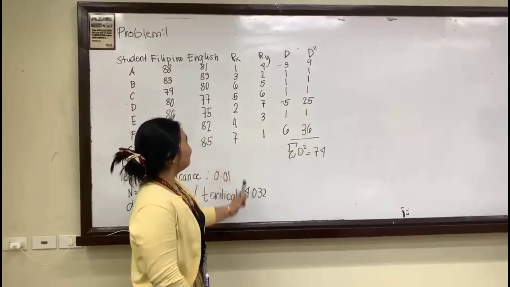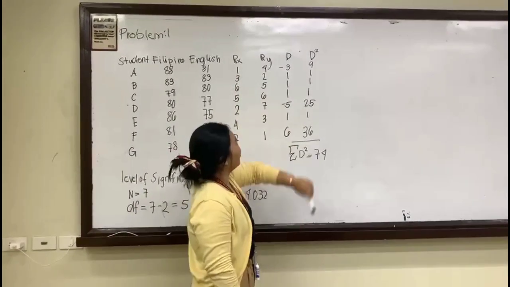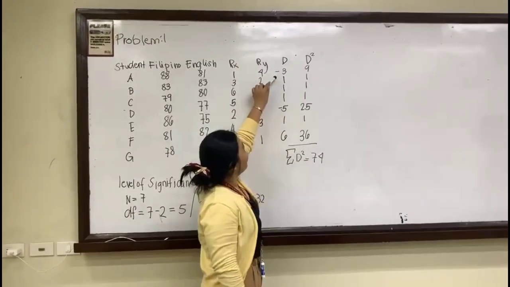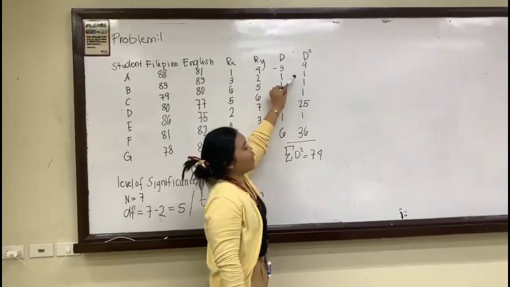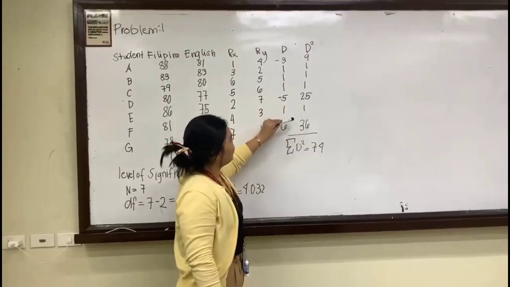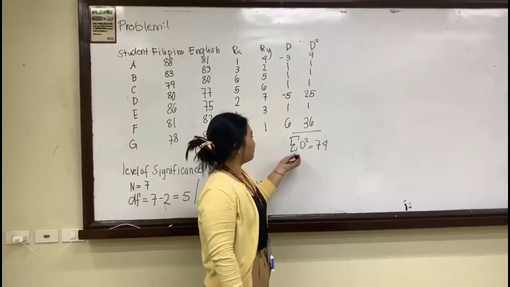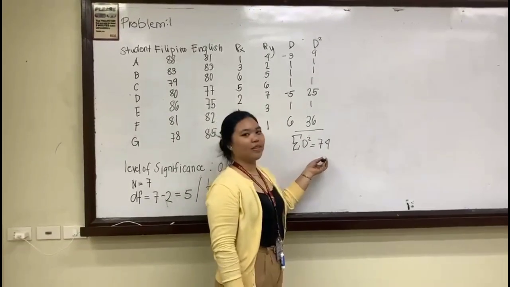After ranking them, we should find the difference between Rx and Ry. After finding them, we should square each difference. And adding this data, we have the summation of d squared is equal to 74.